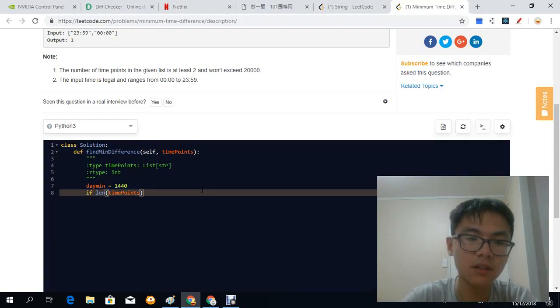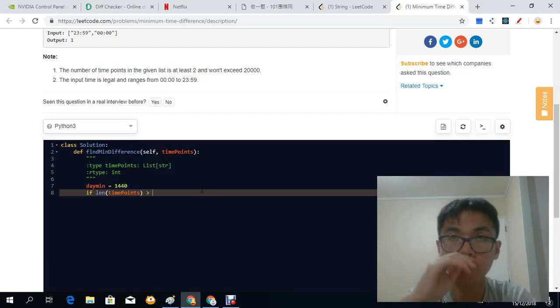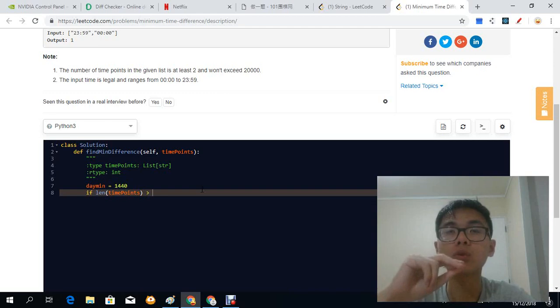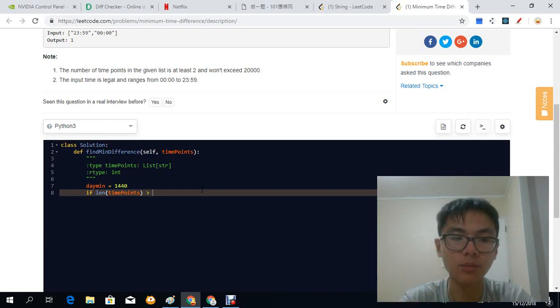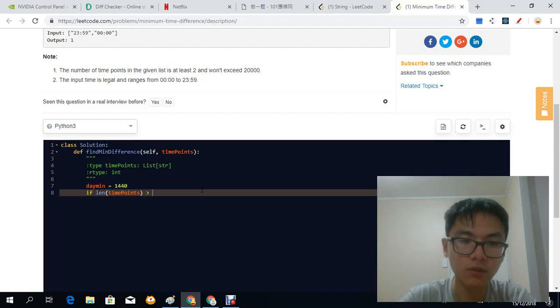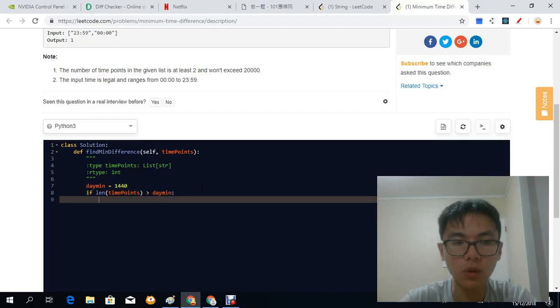If that is the case, then there must be two duplicated time points in that list. Therefore, we will just return 0, since there are two time points that are exactly the same, so there's no difference. So the minimum difference is 0.